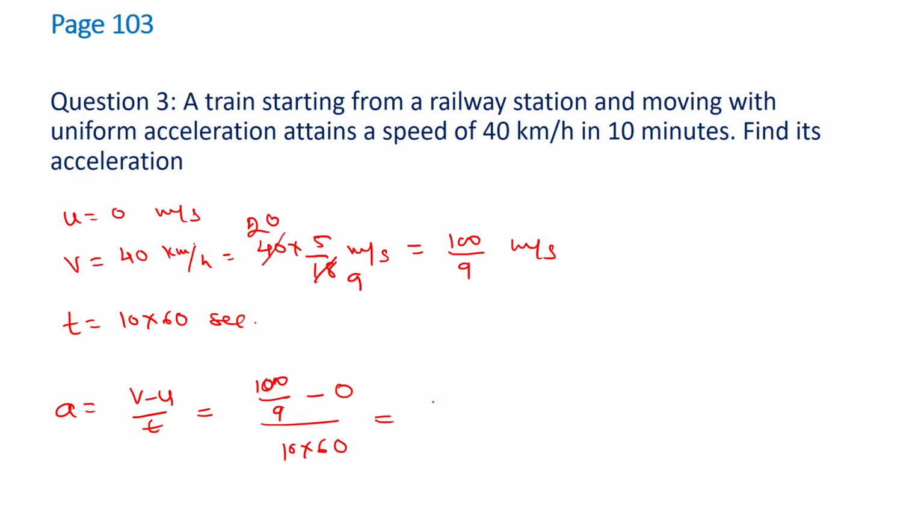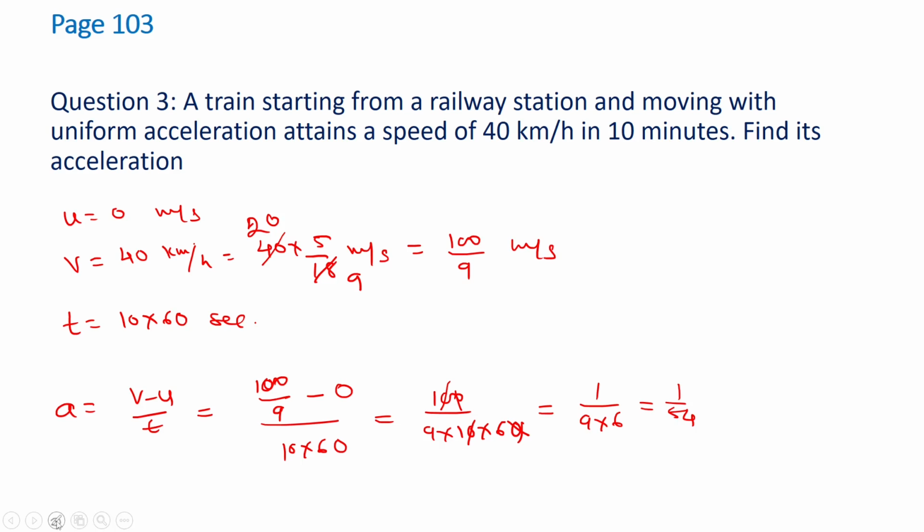So 100 divided by 9 into 10 into 60. This 0 cancels with this 0, we will get 1 divided by 9 into 6, and this will be 1 by 54, and this will be the answer of the question.